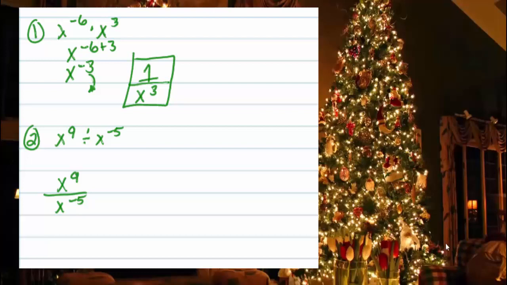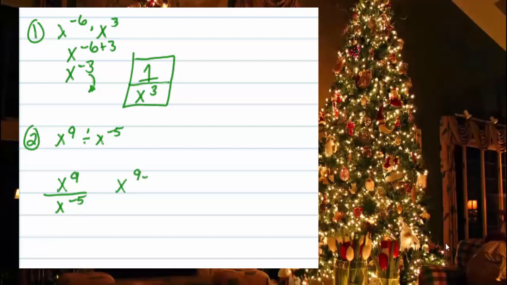When you're using fraction form, you will use your quotient rule. Your quotient rule is the opposite of your product rule, so we will subtract the powers.